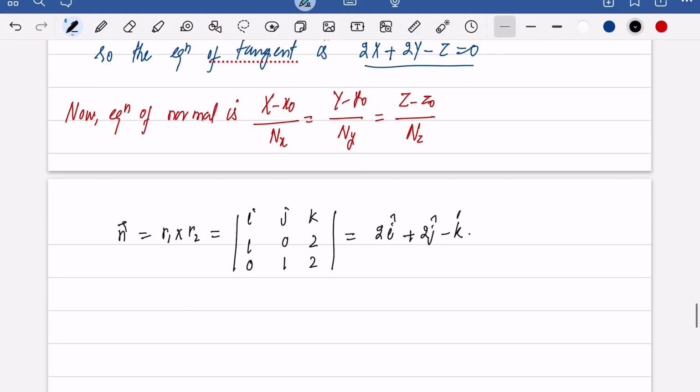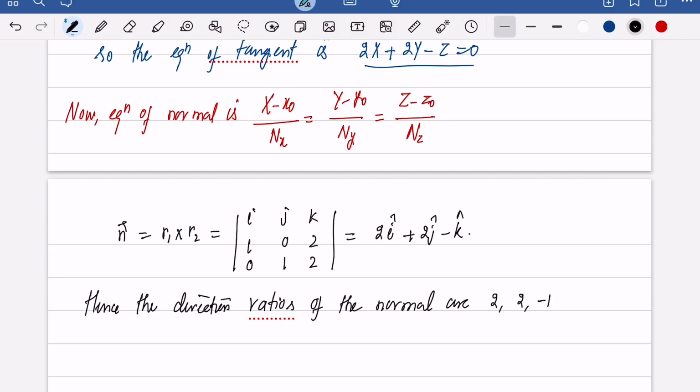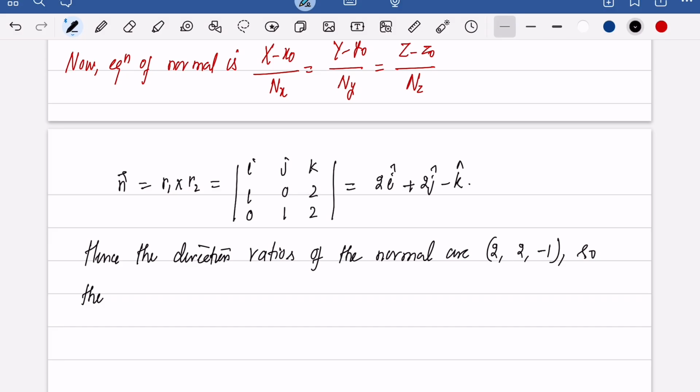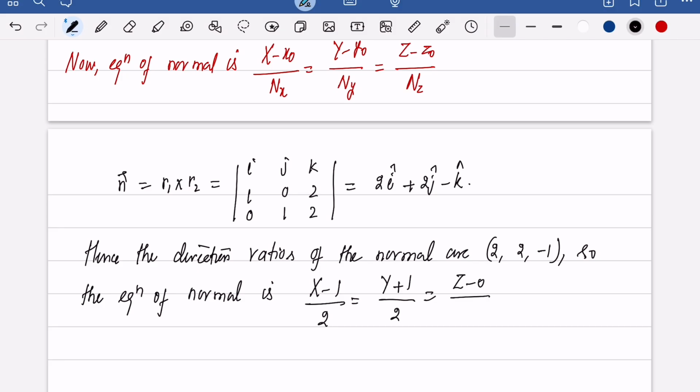So the direction ratios of the normal vector are 2, 2, minus 1. So the equation of normal is (x minus 1) divided by 2 is equal to (y plus 1) divided by 2 is equal to (z minus 0) divided by minus 1.